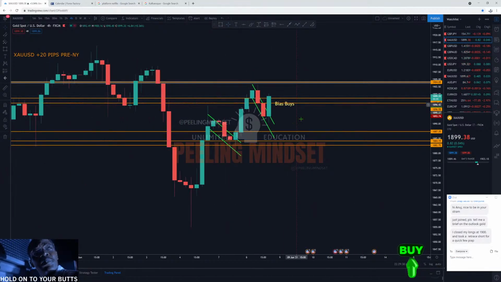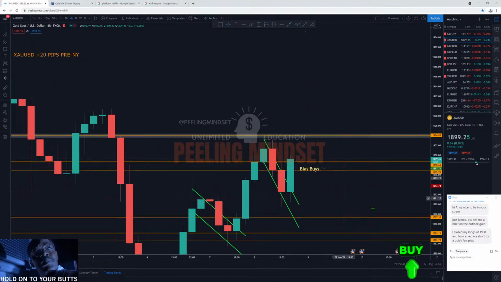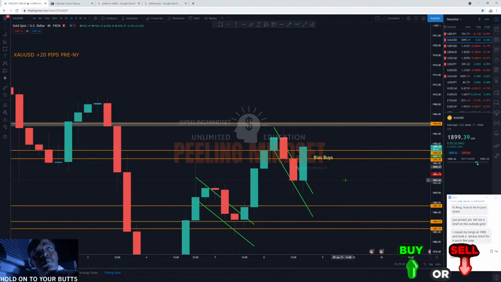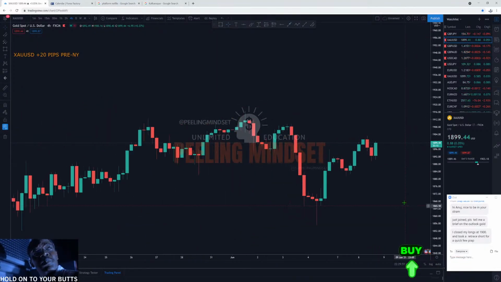Wowie kawaii. 4 hour candle in gold, looking amazing. The current 4 hour candle is looking fantastic.